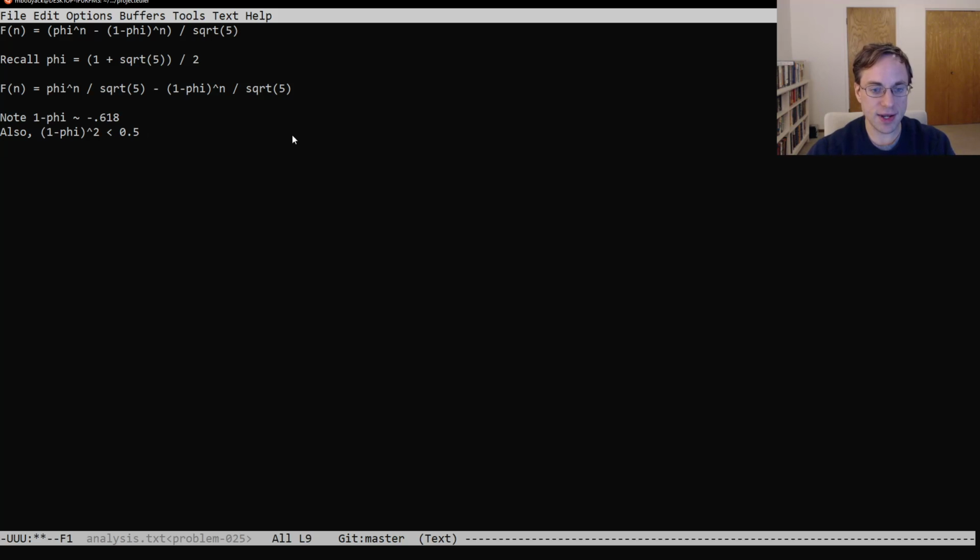Combining these two facts, we can conclude that the absolute value of (1 minus phi) to the n is less than 0.5 for n greater than or equal to 2. That is, (1 minus phi) cubed, (1 minus phi) to the 4th, they're all going to be less than 0.5.